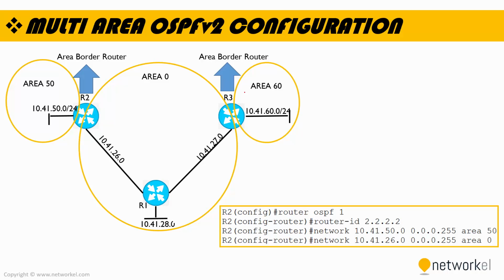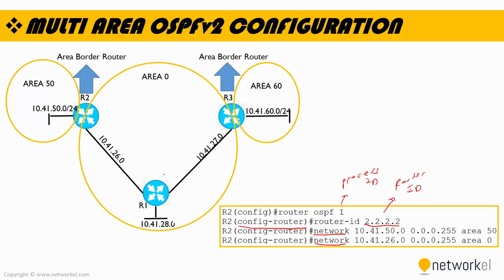Here is the configuration of multi-area OSPF. We are going to take a look at the multi-area OSPF version 2 configuration, which is used for IPv4. To make the configuration, first we get into router configuration mode by typing router ospf and our process ID, then we define our router ID, then we type our network statements.